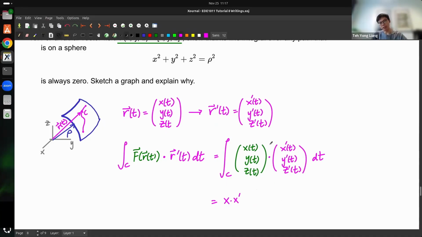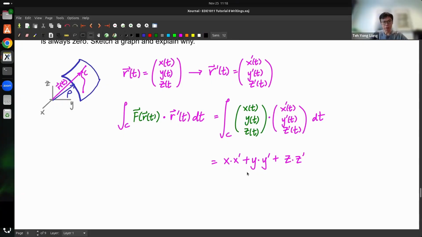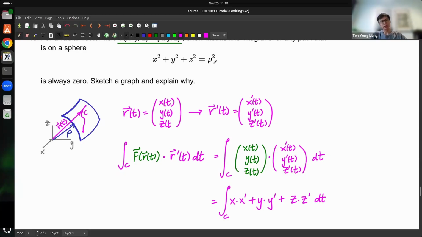So it's x times x prime plus y times y prime plus z times z prime. Is that right? Okay, so therefore this is an integration. So you take the dot product and then you're supposed to integrate over the curve C with respect to t. Okay, right? So now you look at this expression.